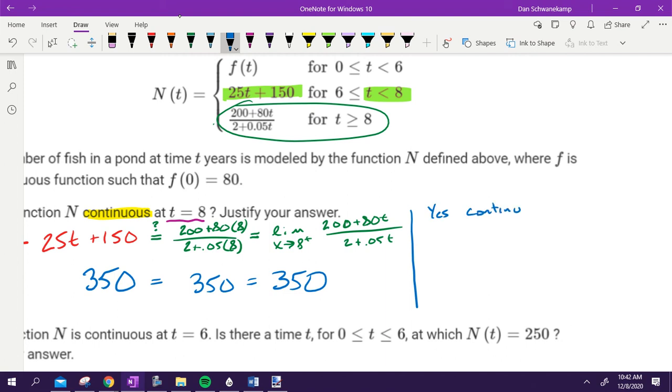Continuous at t equals 8 because the limit as x approaches 8 of n of t was equal to n of 8, which was equal to 350.